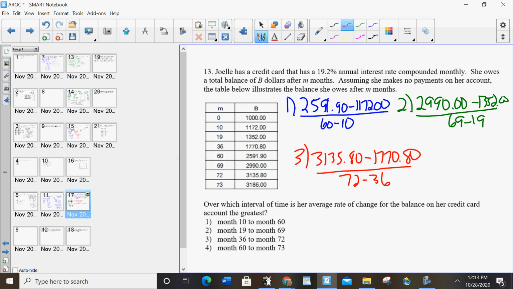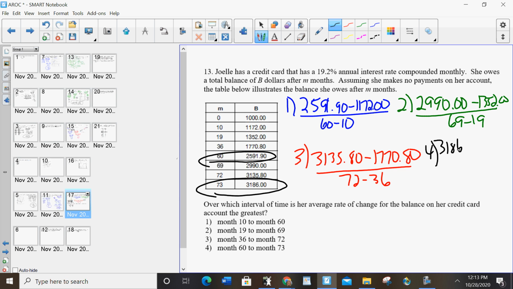Choice 4, 60 to 73, 3186. I'm just going to leave off the decimals to save some space. 2591.90 over 73 minus 60. All right, let's jump to the calculator.